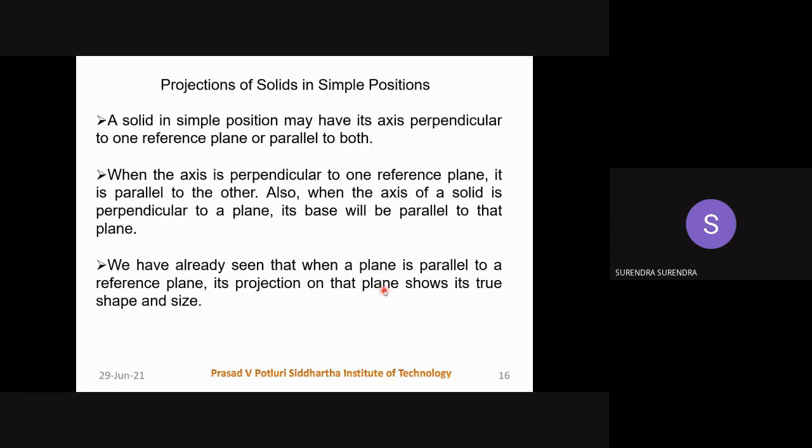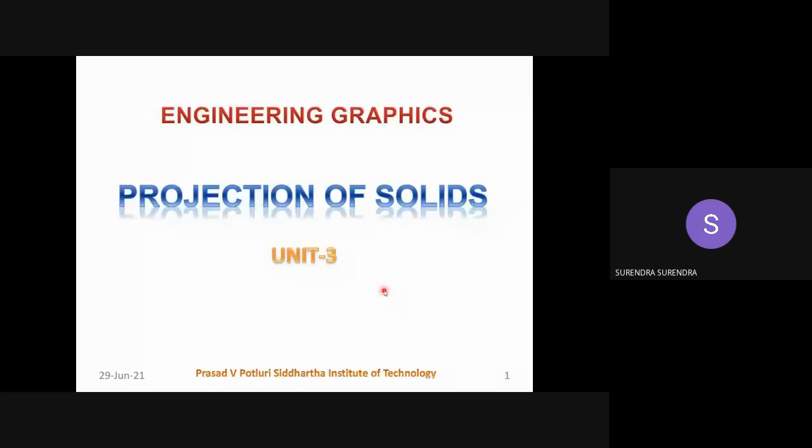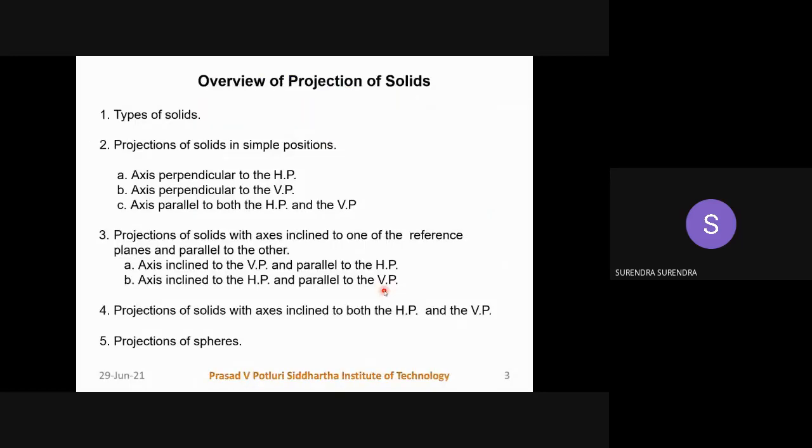Now coming to the syllabus point of view, as in planes and lines, we don't have the position when the solid is inclined to both the reference planes.